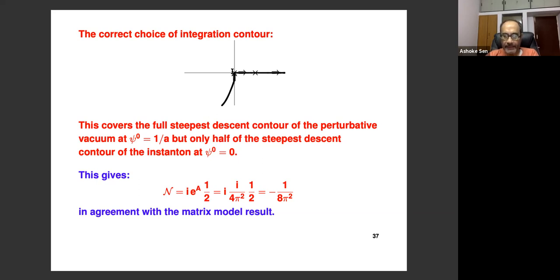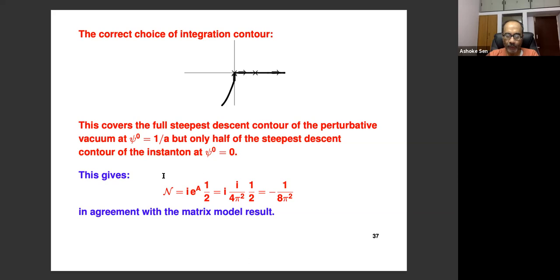But what it translates to in what you were doing earlier is the statement that this is only half of the steepest descent contour. The full steepest descent contour about the instanton would have gone like this. You are doing the integral along the imaginary axis because we are just exploring the region around the origin. But what this is showing is that we are supposed to include only half of the steepest descent contour in the contribution to the amplitude.